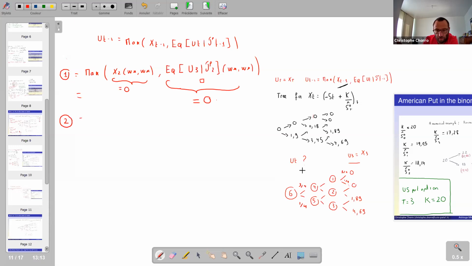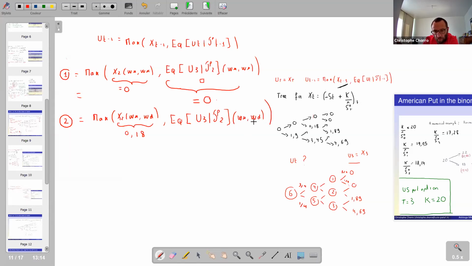What is 2? 2 is what happened here. It's the max between x2 of WUWD and the conditional expectation. So what is x2 of WUWD? x2 of WUWD is 0.18. And then you have to compute the conditional expectation of U3 given F2 at the point WUWD.